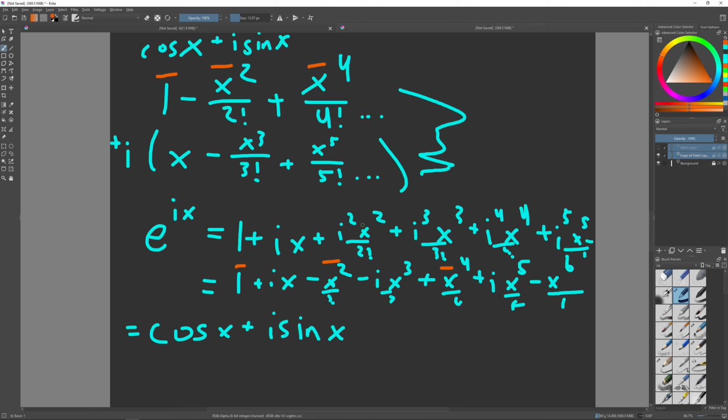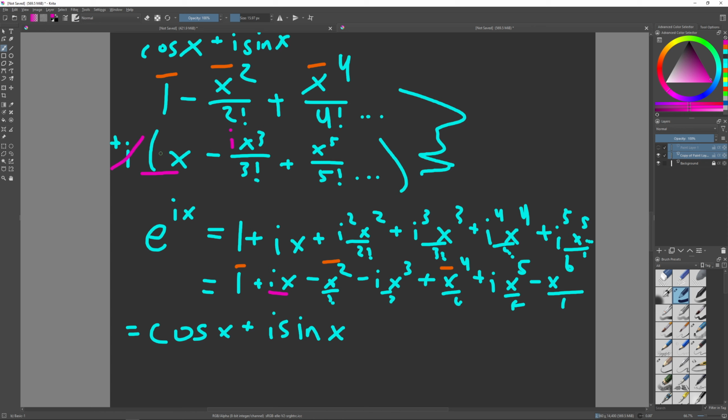Okay. Then where's the sine terms? We'll do magenta. We have ix. When you add the I, it'll be minus ix cubed over 3 factorial. I made it look like it's in the denominator, so forget about that.